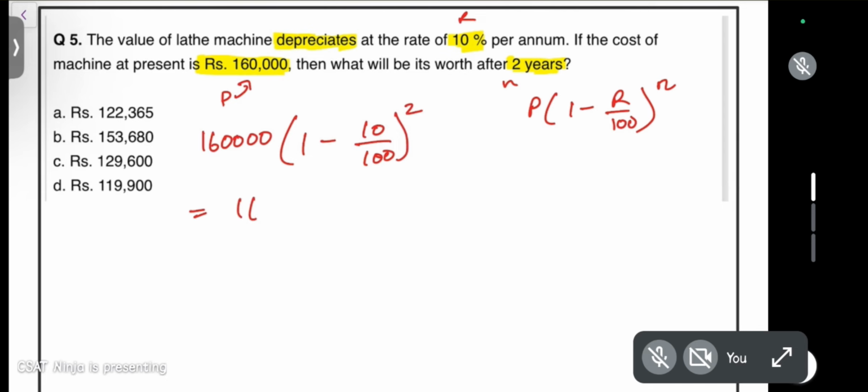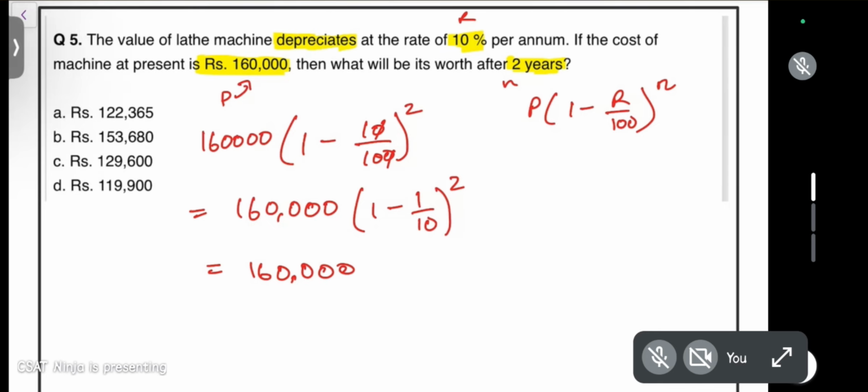So the 0s cancel each other. That means 1 minus 1 by 10 to the power 2, and 1,60,000 I'll do the same thing here.